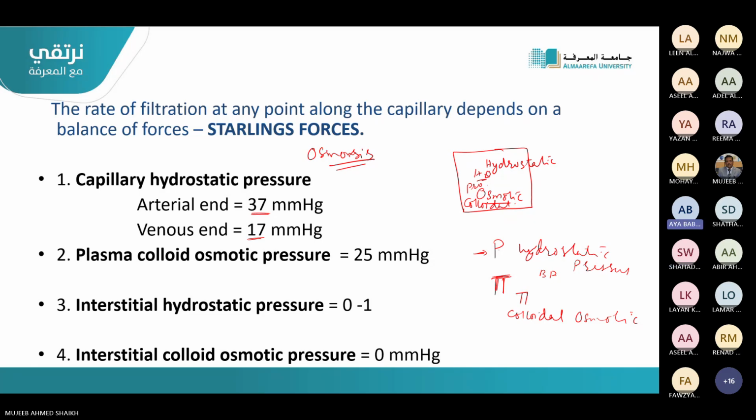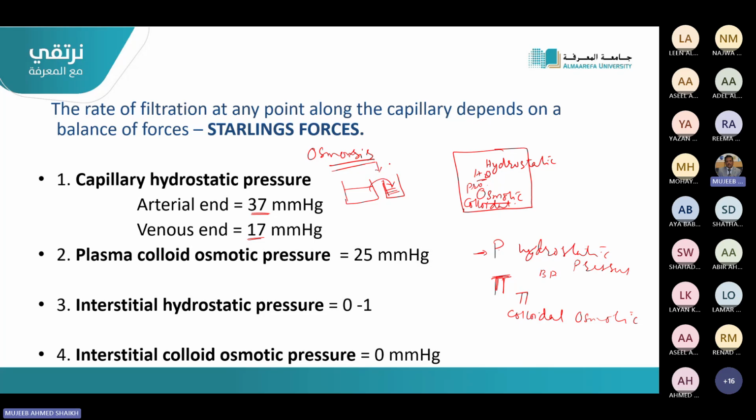Yes, we're with you, doctor. What does osmosis mean? The movement of water particles from high water potential to low water potential. Yes, very good. If you have two chambers, one with more water, second with less water, the movement from high concentration of water to low concentration of water is called osmosis.